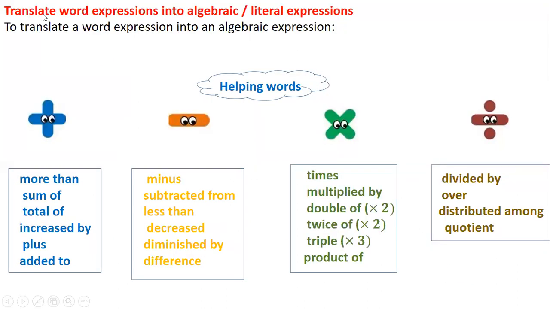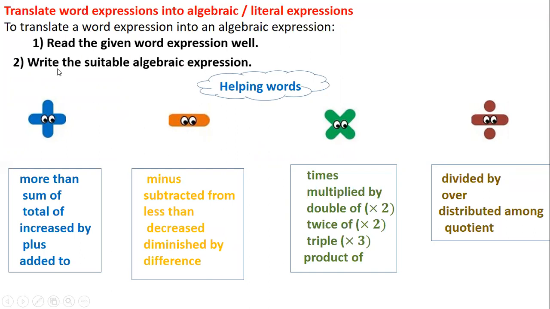Now, how can we translate word expressions into algebraic or literal expressions? To translate a word expression into an algebraic expression, first we read the given word expression well. Second, we write the suitable algebraic expression. When writing the suitable algebraic expression, there are helping words in the word expressions.